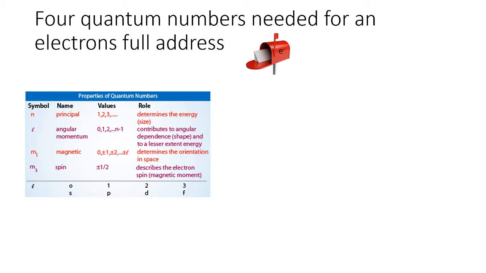But instead of using -1 and +1, they've chosen to use 1/2. So the spin quantum number is really limited in what it can be. It can only be +1/2, that's a possible quantum number, or it can be -1/2. And that just indicates that we have 2 electrons spinning in 2 separate directions.